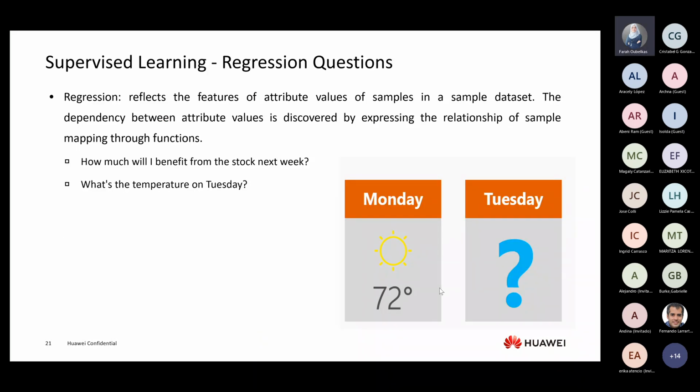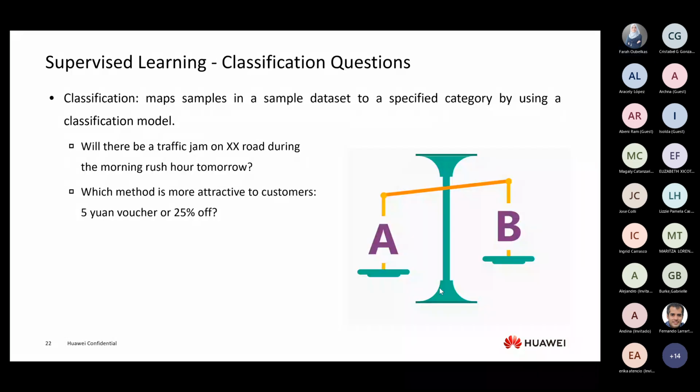Okay, so this is a regression example. For example, what's the temperature on Tuesday? We're trying to predict the temperature of Tuesday based on the temperature, for example, of Monday, or some other features. Here is a classification example: which method is more attractive to a customer, A or B?